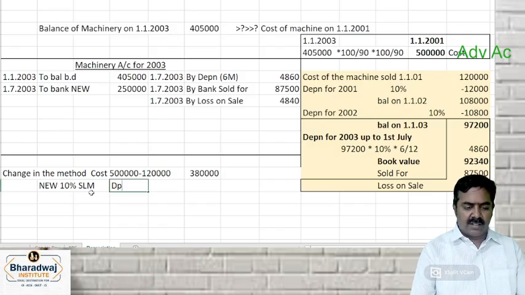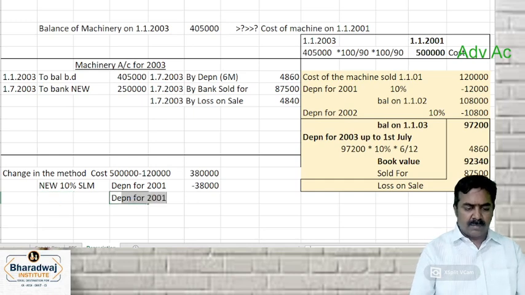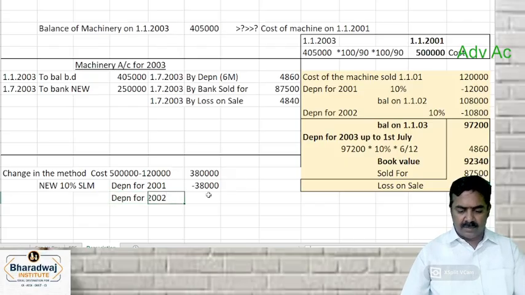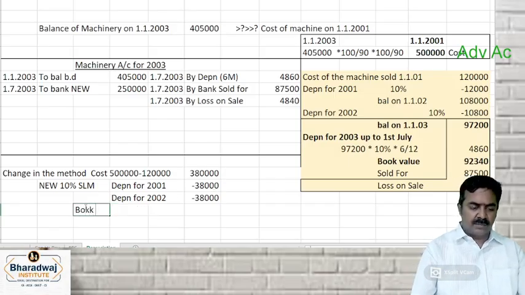அப்போ depreciation for 2001 10% போட என்ன இருக்கும்? இதுல எவ்வளவு percentage? 10%. Then depreciation for 2002 also same amount தான் இருக்கும். ஏன்? SLM இல்லையா? So this will give us book value on 1/1/2003.